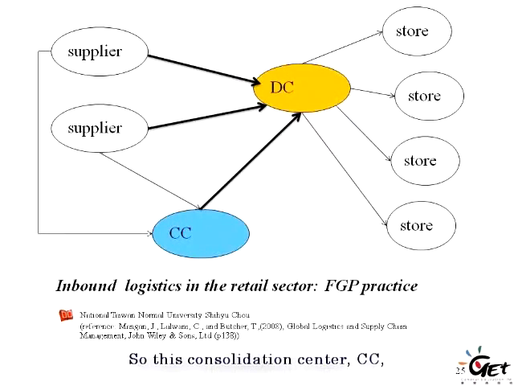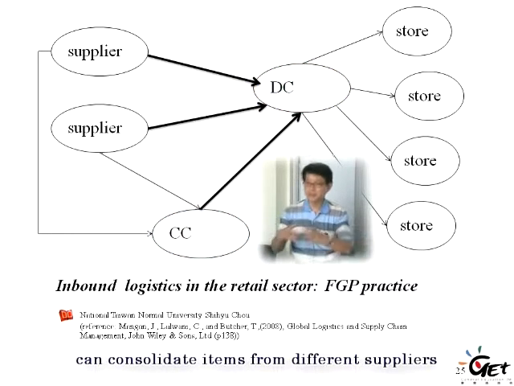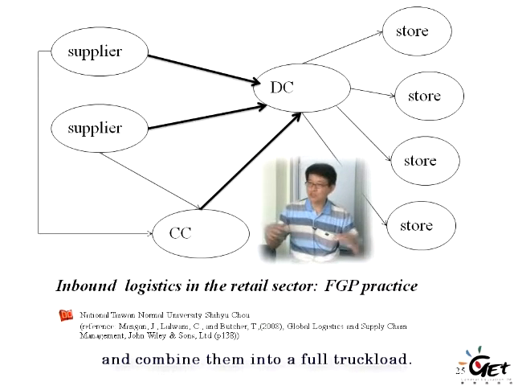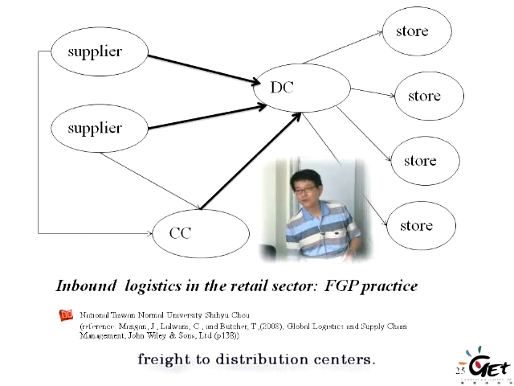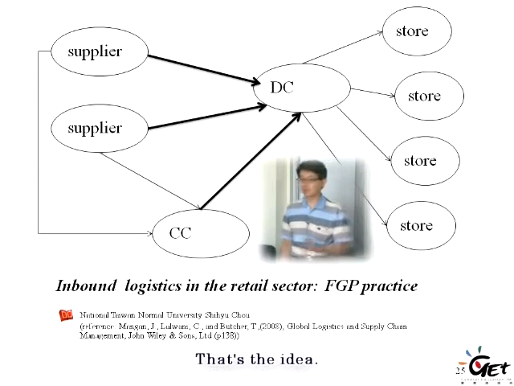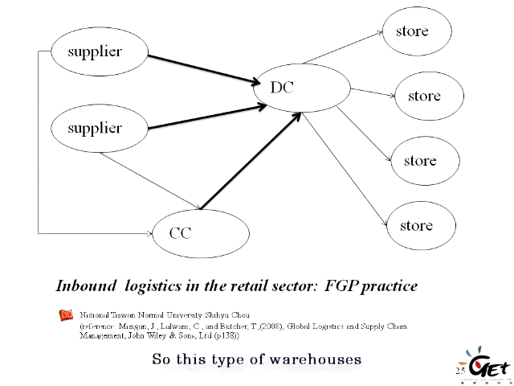So this consolidation center, CC, can consolidate products from different suppliers, combine them into full truckloads, and send this full truckload freight to distribution centers. That's the idea. This type of warehouse orders items from the upstream suppliers and also does some light processing, simple assembly, for the retailers.